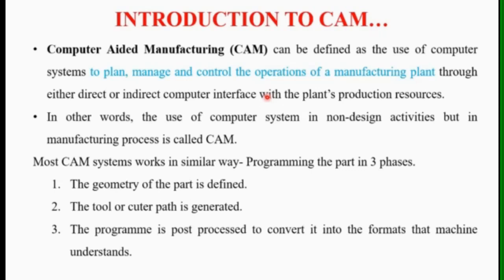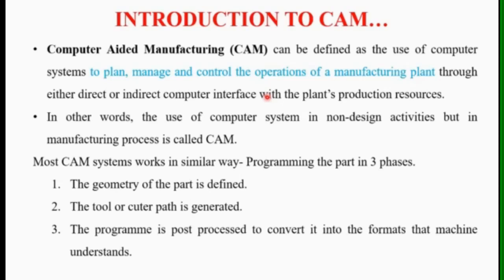In most CAM systems, the programming of CAM is divided into three phases. First, the geometry of the part is defined. In the first phase, we define the geometry of the component that we are going to manufacture with the help of various CAD software packages.